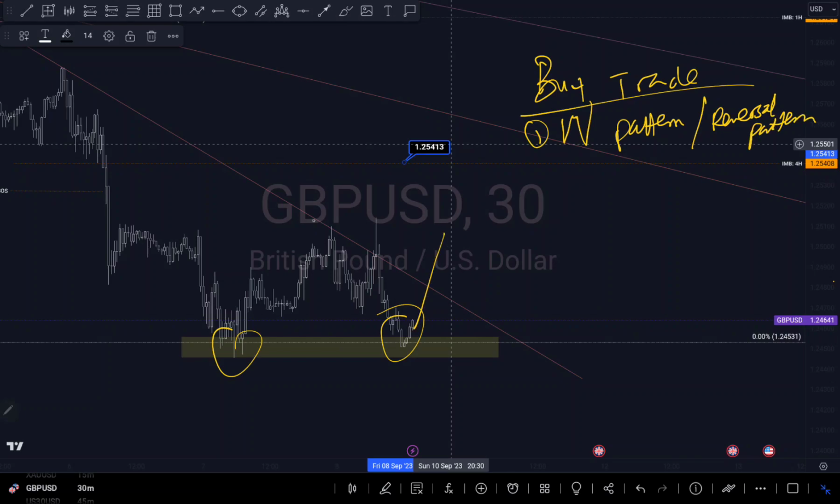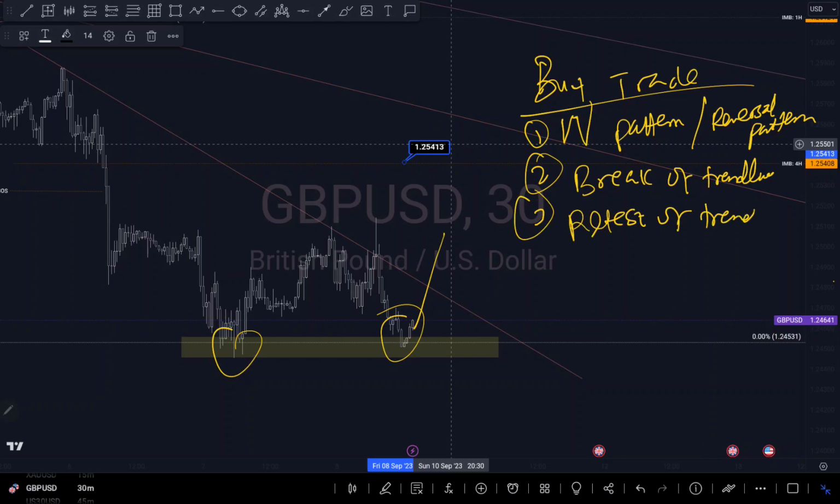Two, I want a break of trend line. Three, I want a retest of the trend line. And fourth, I want a candlestick pattern.